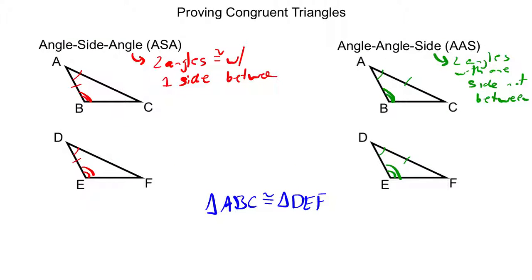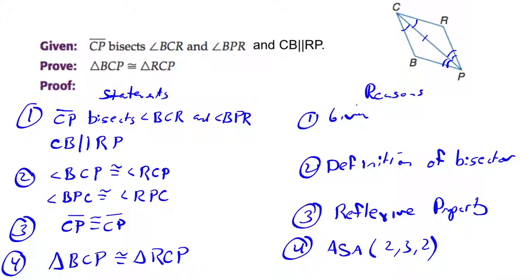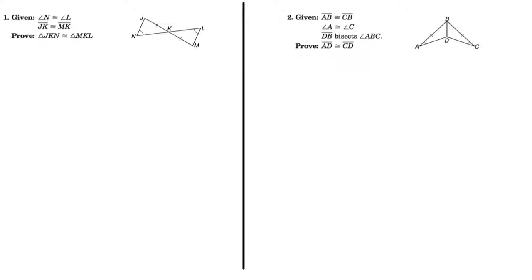So here, if I look, I have angle, side, angle. This is a nice proof showing that. All right, then I have these triangles here.